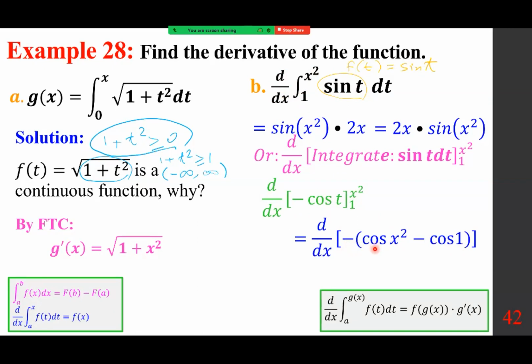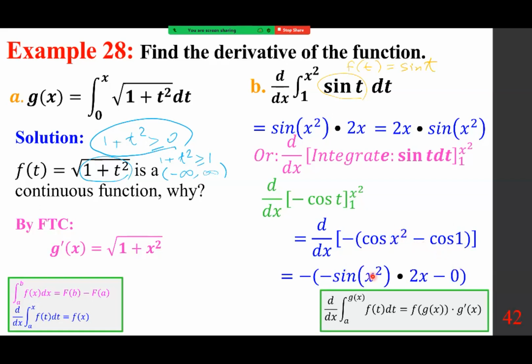The derivative of cosine is a negative sine. So minus negative sine x squared by the chain rule times 2x, minus cosine 1, which is a number. The derivative is 0. So the derivative of this is 0 because it's a number. Cosine 1 or 5 or whatever that might be, who cares? It's some number, the derivative is 0.